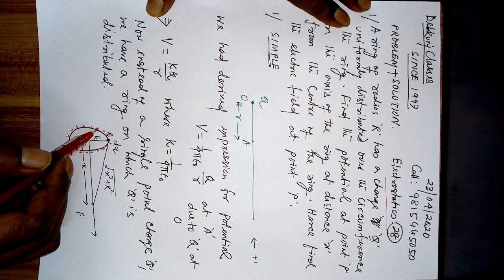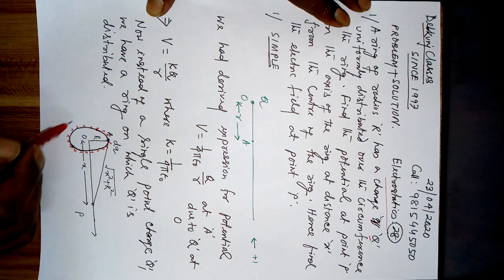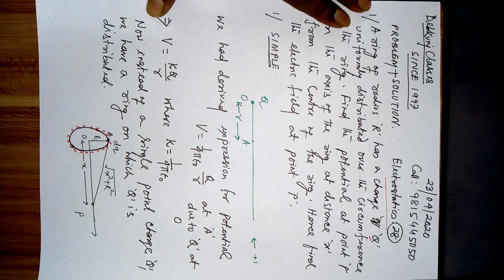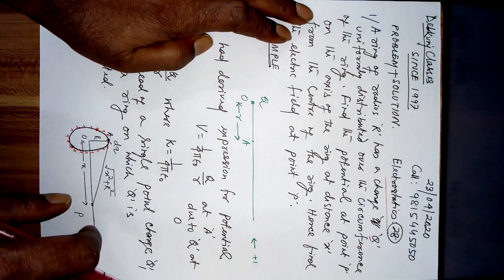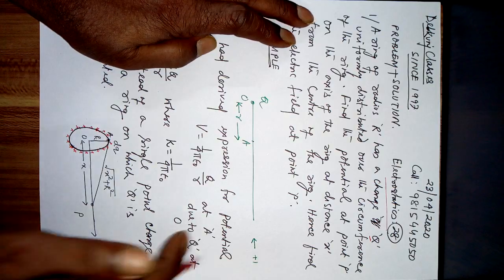Means if you consider 1 centimeter here, here, here, each 1 centimeter will contain the same charge. That is the same thing as saying it is uniformly distributed.